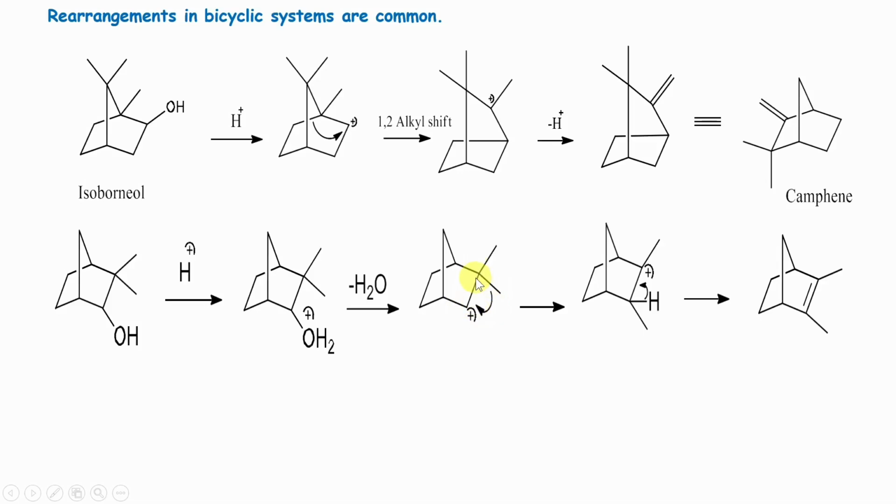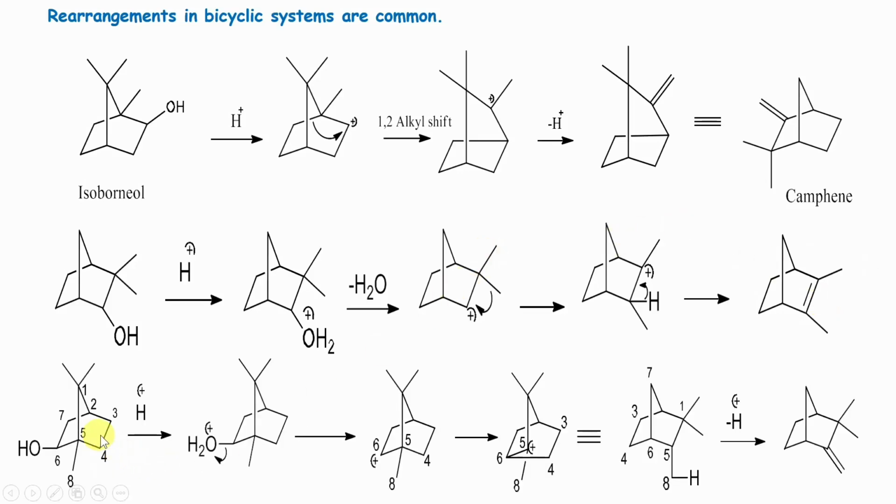Thereby, this carbon atom becomes positively charged, and a tertiary carbocation is formed, and a proton is eliminated from this carbon atom. Thereby, a new double bond is formed between these two carbon atoms, and this alkene is formed. It is another important example of Wagner-Meerwein rearrangement in a bicyclic system.